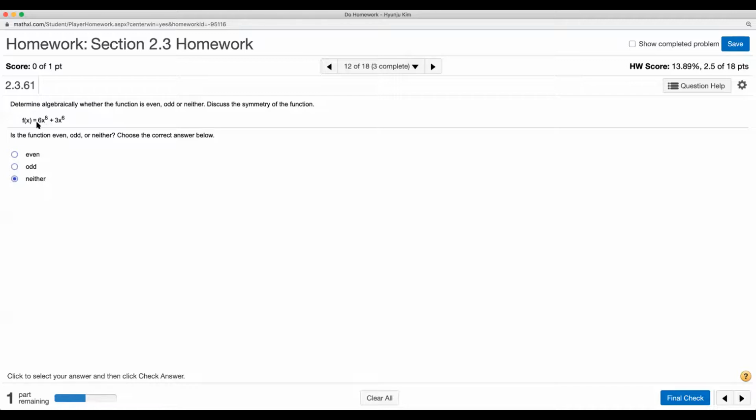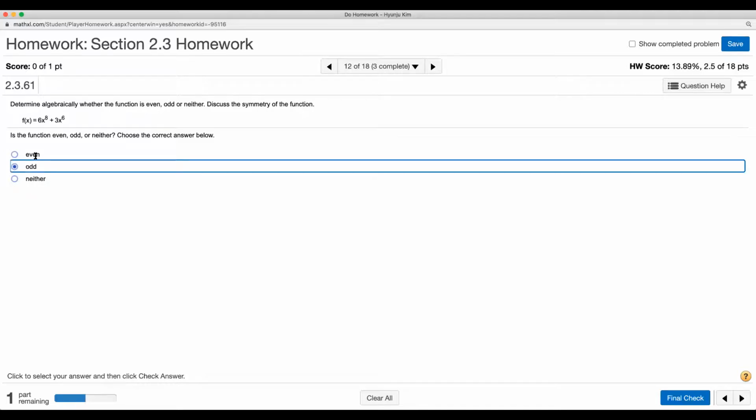So 6 times x to the 8th power. When you look at just the first term, since the degree 8 is even, 6 times x to the 8th power must be an even function. And what about the second term? 3 times x to the 6th power is an even function, because the degree is even. So even function plus even function is an even function.